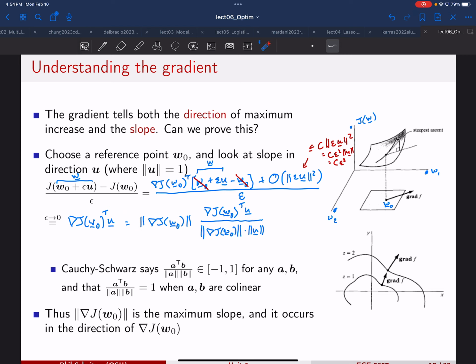Okay, so why did I write it this way? Well, there's something you have probably seen many times before, Cauchy-Schwarz, which says that when you have this inner product divided by these two norms, the result is somewhere between 1 and minus 1. So that means that this thing here is some number between 1 and minus 1.